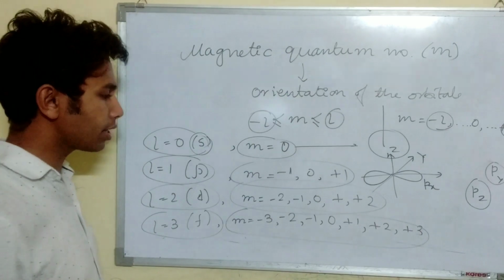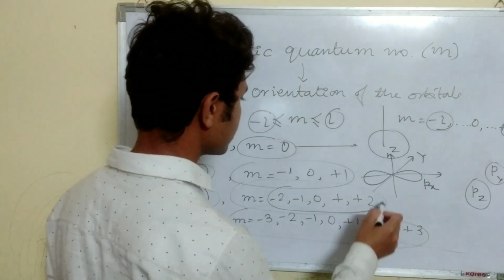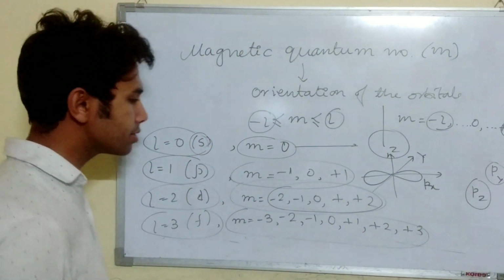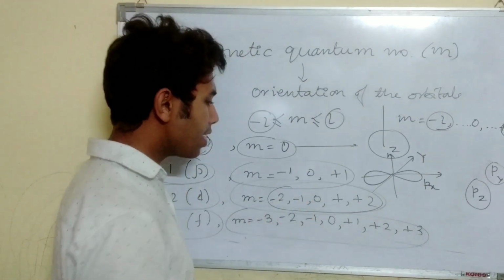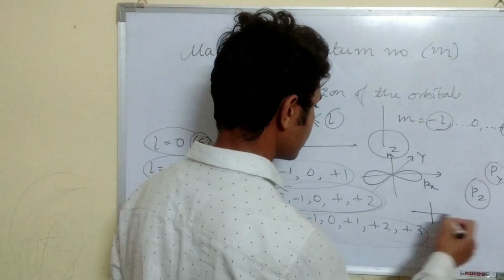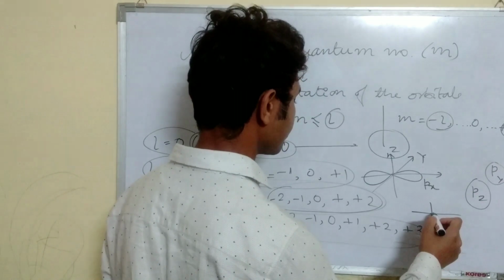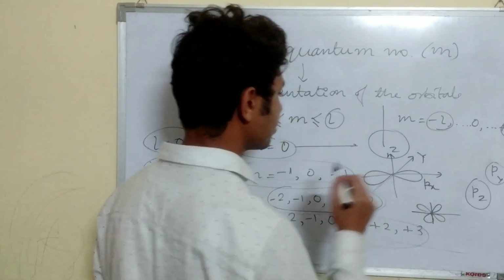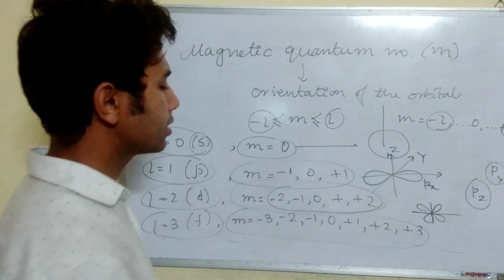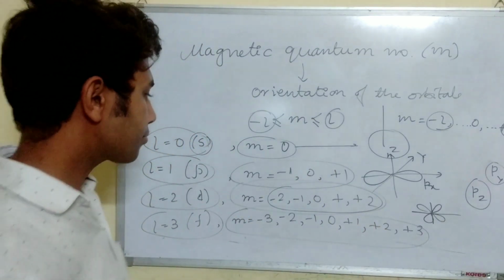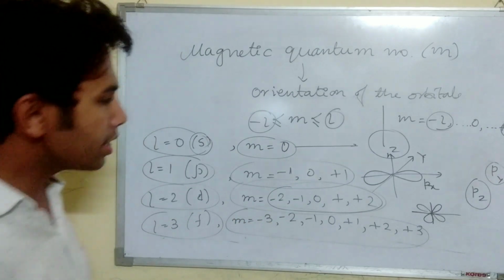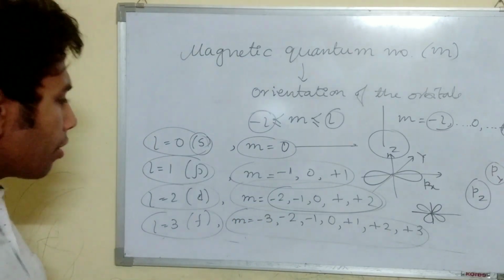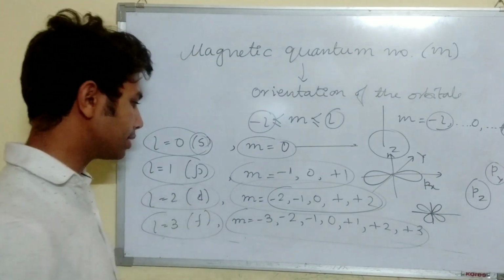For the D subshell we'll get 5 different types of orientations, means 5 different types of orbitals we'll get, and whose shapes are like double dumbbell shape. And we will get 5 orbitals in case of D subshell.